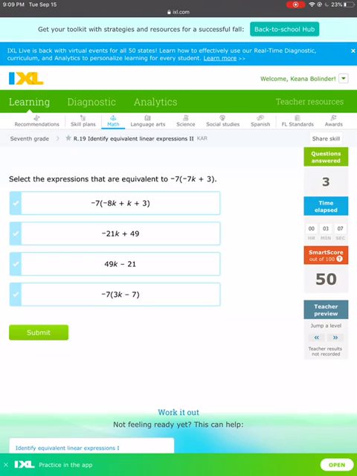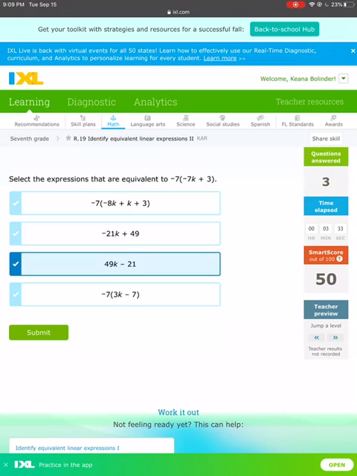So for this one, we're doing -7 times the quantity of -7k plus 3. So distributing that -7, I'm going to get a positive 49k minus 21. Okay, so I know that one's going to work. Let's see, we got the first one.